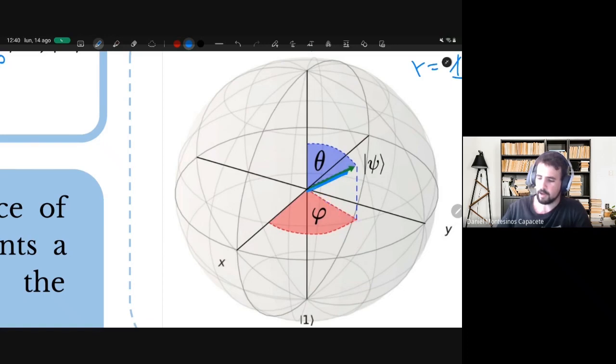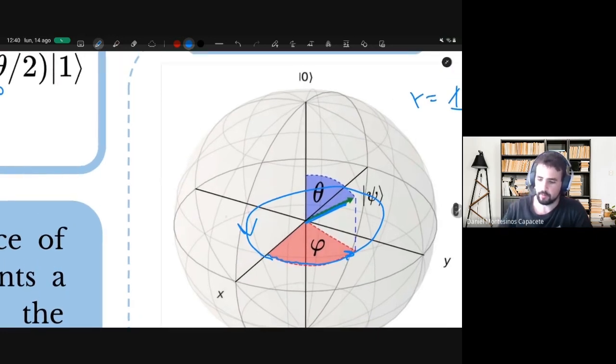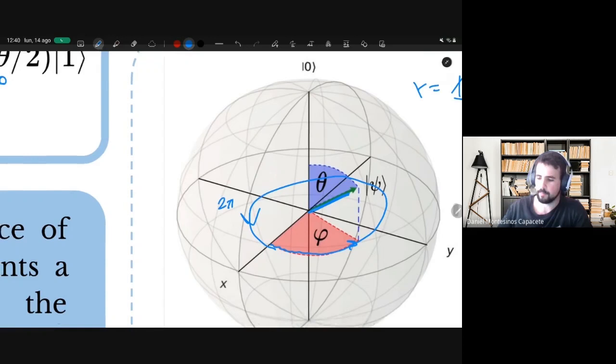Yes, so it's the angle between this axis and this part of the axis, right? And the projection is this angle. And in order to move across all the states, you can do the whole circle, and there will be a 2 pi angle.